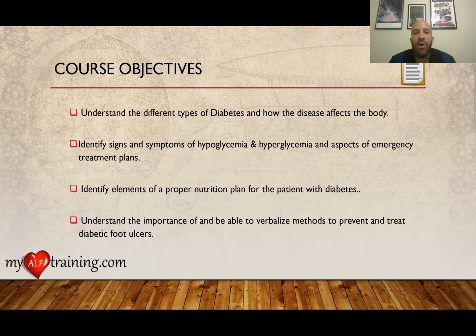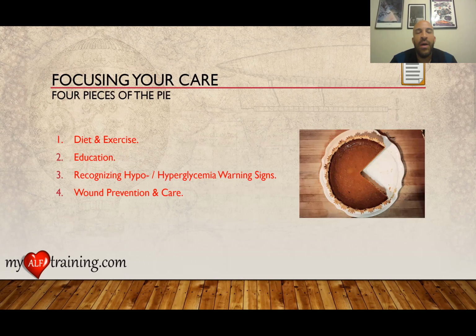Diabetic foot ulcers are a large part of the care that CNAs and unlicensed assistive personnel like yourselves will be looking after and helping the nurse to manage, as patients with diabetes tend to have very high vulnerability to foot ulcers because of the decreased sensitivity to the extremities, specifically the feet and hands, and also their inability to heal wounds properly. And that's just a result of the disease, diabetes as a whole. So those are our four main objectives.